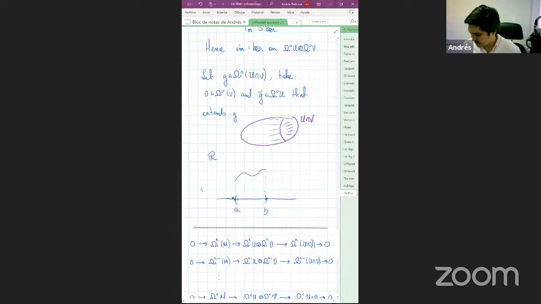So let's say 0 and then goes to 1, like this. What can you do with that bump function and the function f?